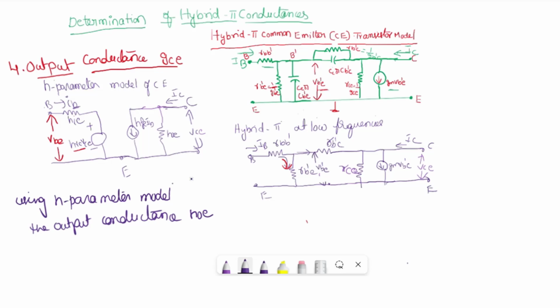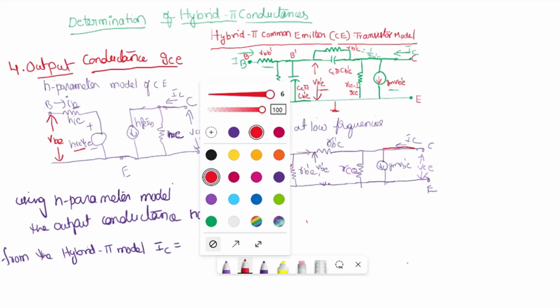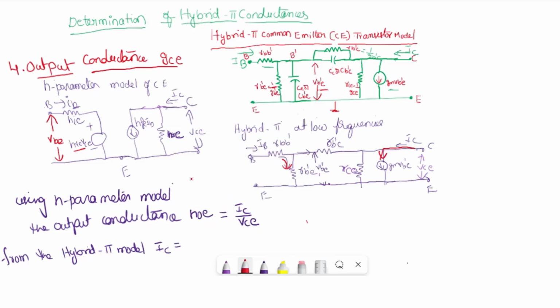See, this is hoe. hoe is output current by output voltage. Now we'll take the hybrid pi model. From the hybrid pi model, I'll write IC, the output current. So what is IC here? See this IC from the collector.